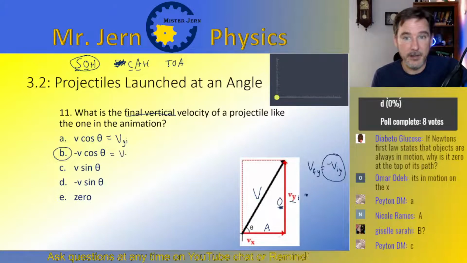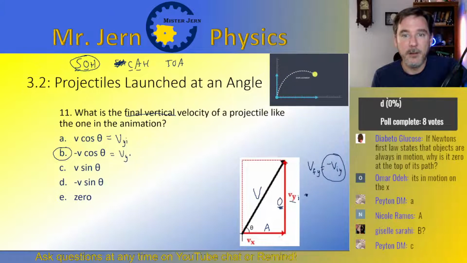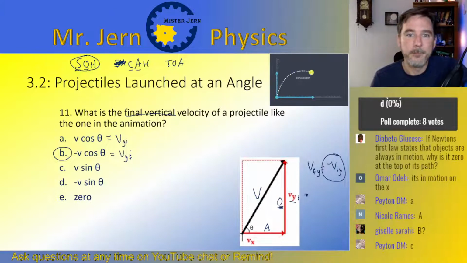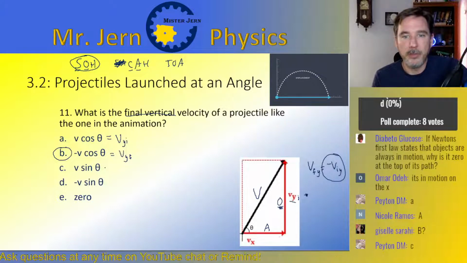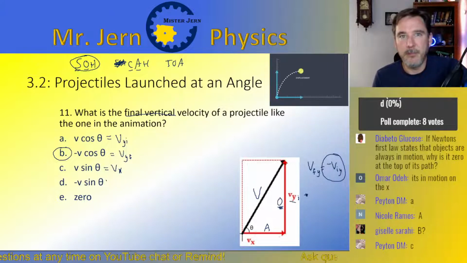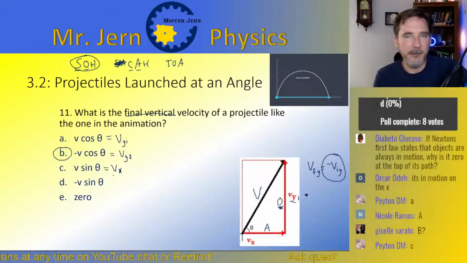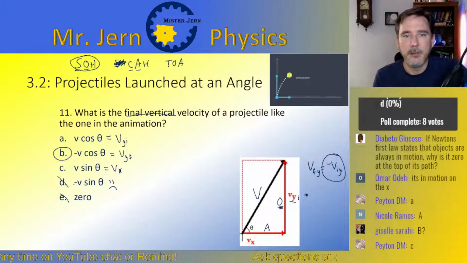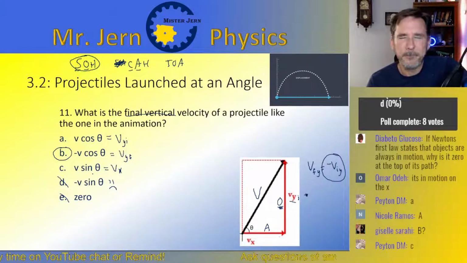Negative V times sine of theta is negative VY final. This would give you Vx, which you also need to know. Letter D, you don't even need it. It's like, how fast is it going backwards? You don't need it. And 0 is not the answer. So, okay.